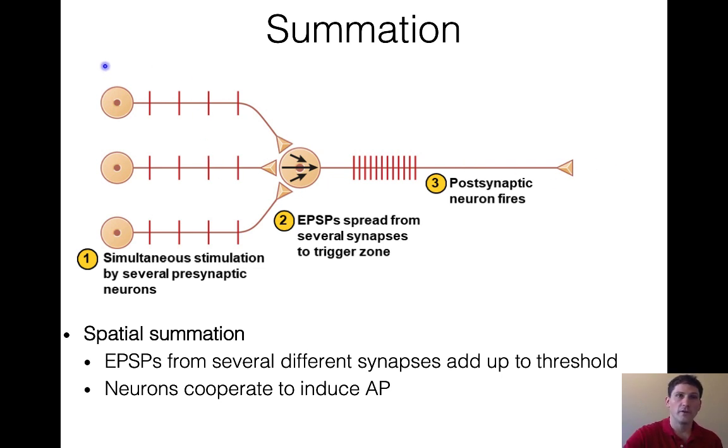So these neurons may be cooperating, or when we talked about converging signals, this is a really great example here where we're seeing multiple inputs coming in to stimulate this neuron into firing.